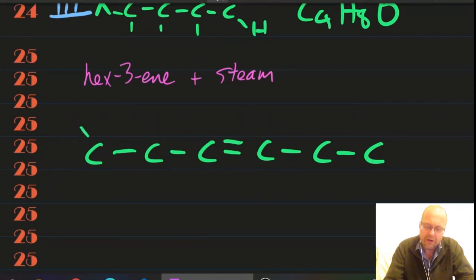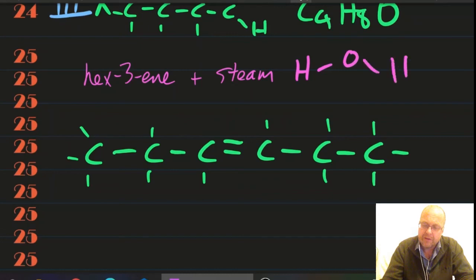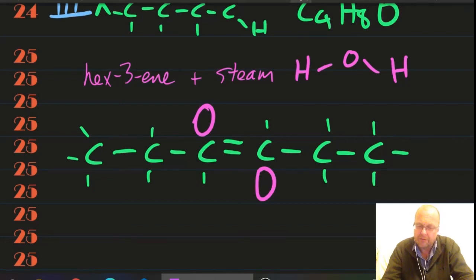Hex-3-ene. I'm not going to draw the hydrogens in because it's multiple choice. Just put the bonds. And now the trick is when you add whatever you're adding, in this case it's going to be water, split it in half and stick 1 on here and 1 on there over the double bond.